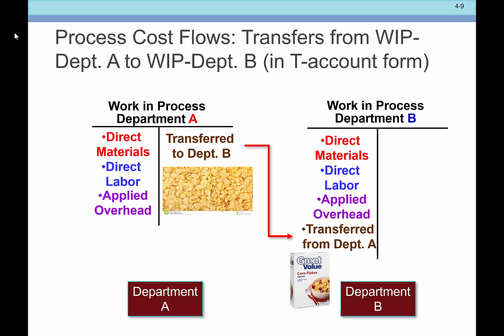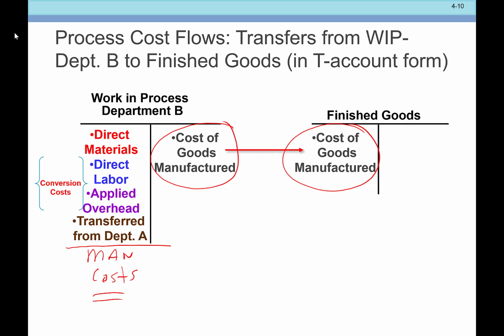The box department. So now all those costs that were captured in the flake department are now transferred over to the boxing department, right? And then those are added to all the costs that were already in Department B, the boxing, as they put the flakes into the box. And then as the stuff is finished, it comes out of the last department, in our case, the boxing department, and into finished goods, right?